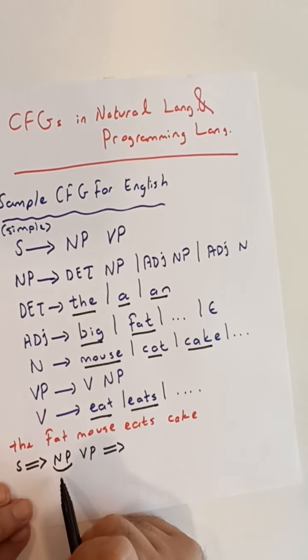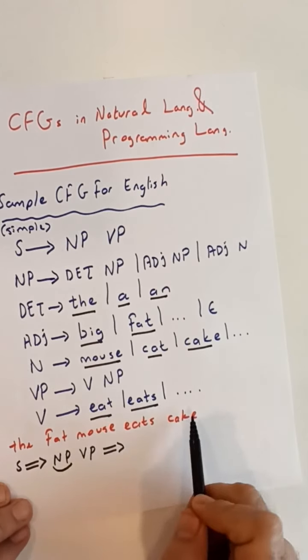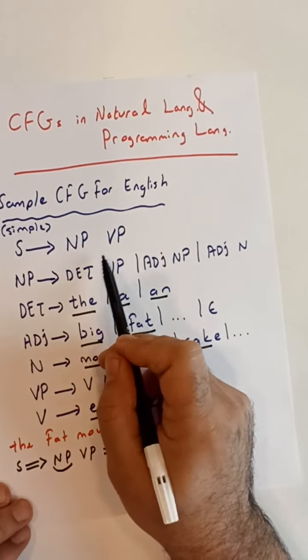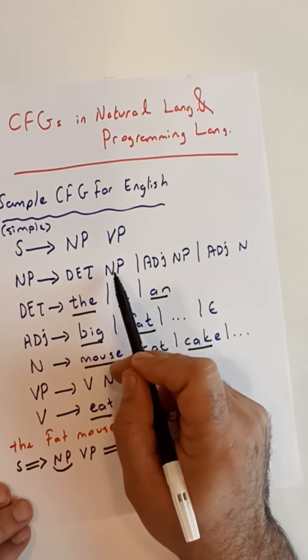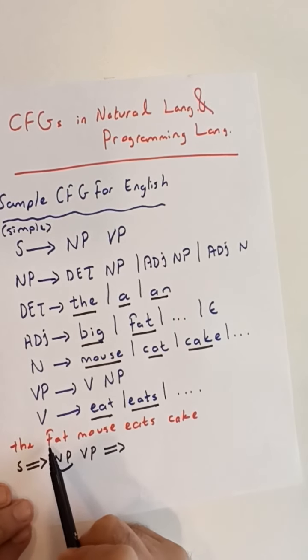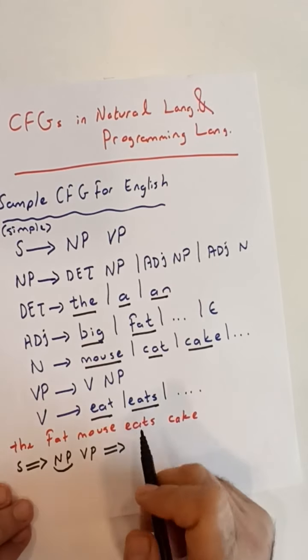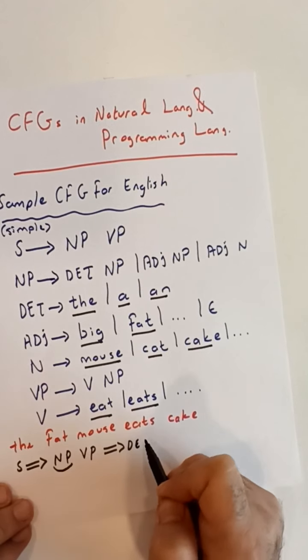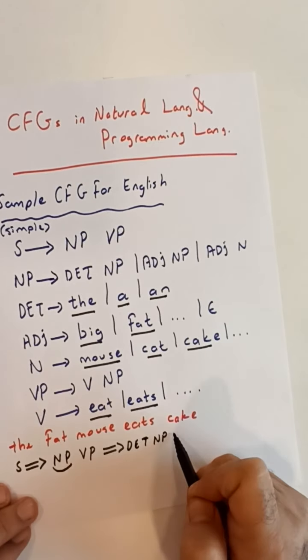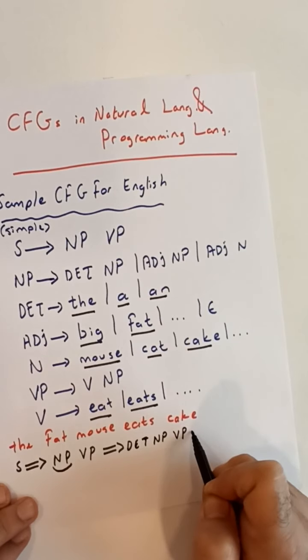So to arrive at this sentence, what should we expand the variable NP with? We will expand it with the first rule, determiner followed by noun phrase, because we have a determiner followed by a noun. So determiner and noun phrase, and we already had the existing verb phrase.